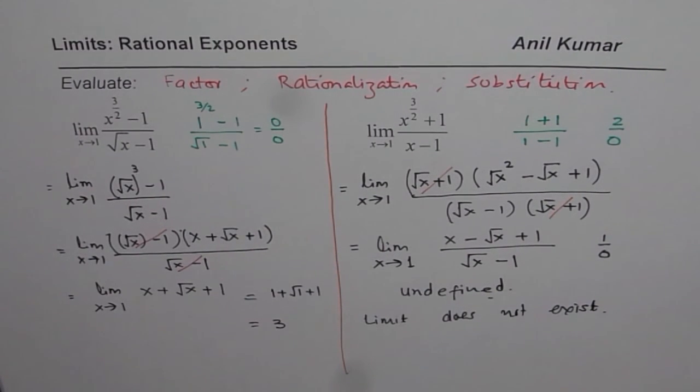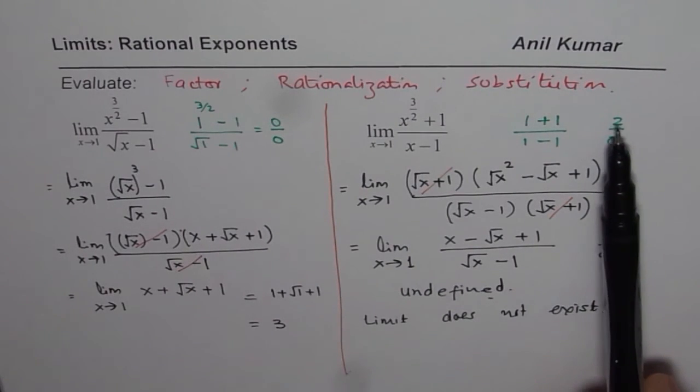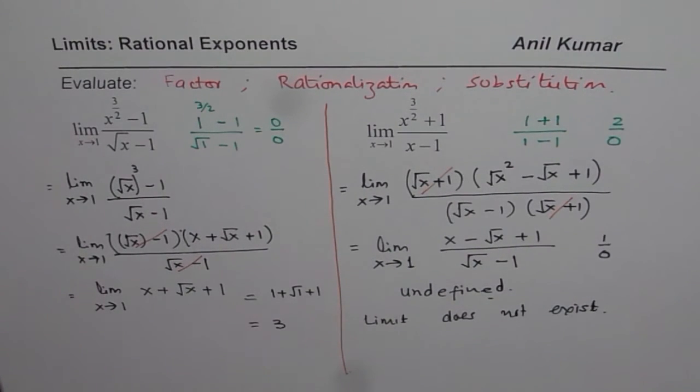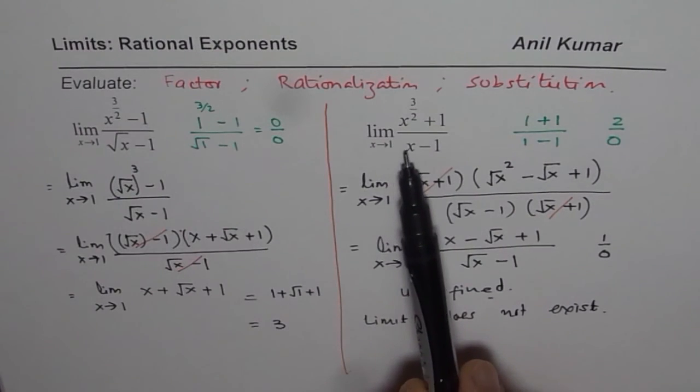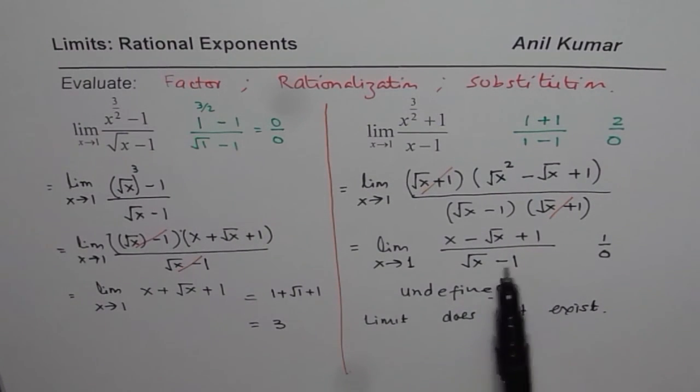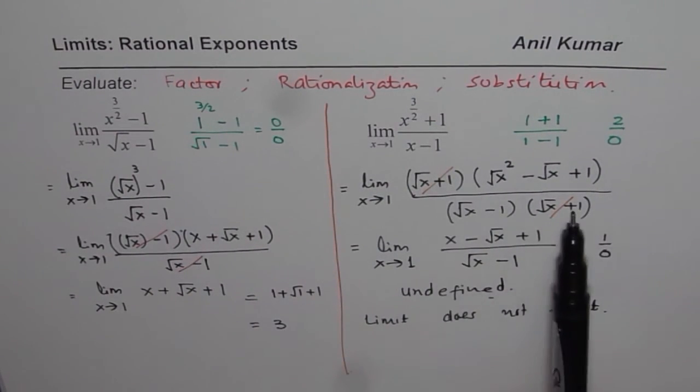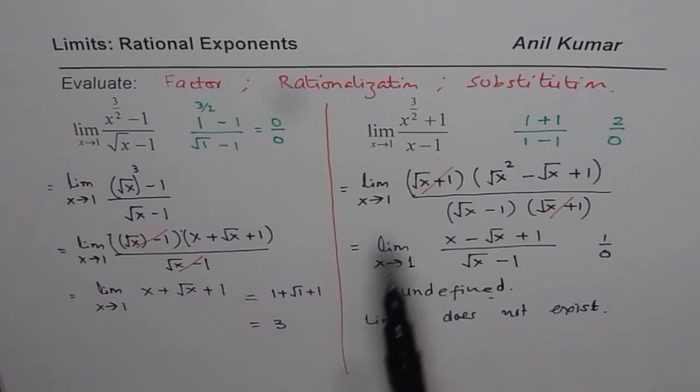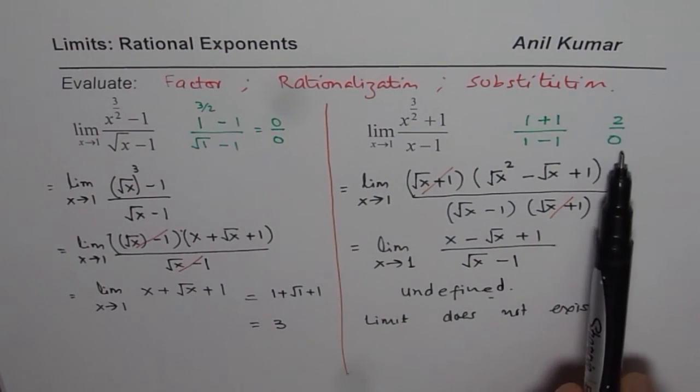Right. Now you could have seen right in the very beginning also, since it was not 0 over 0, there was not really a common factor between the two which could have got rid of 0 from the denominator. The common factor which got cancelled did not really result in 0, right?